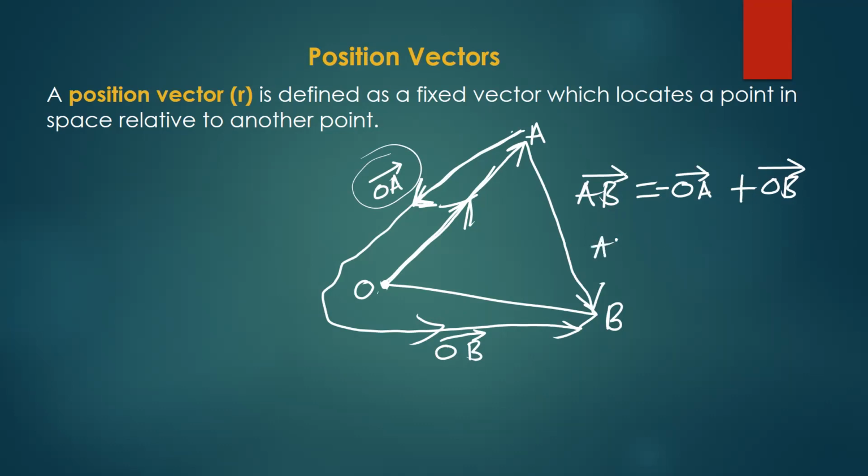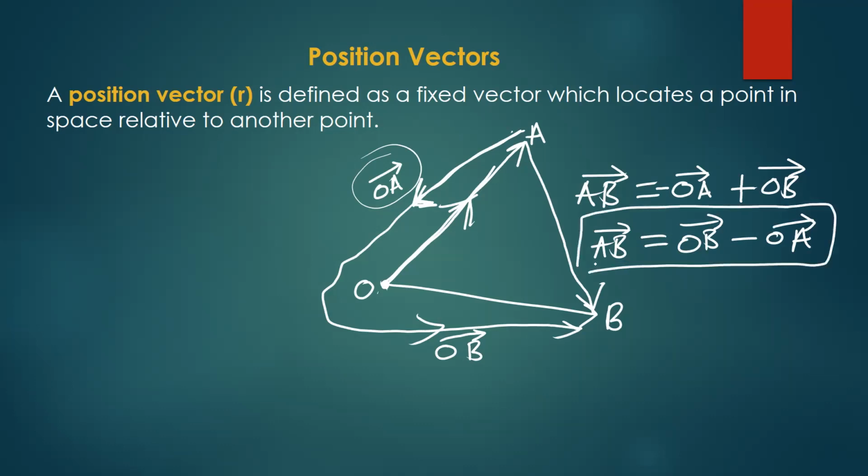So AB can therefore be written as OB minus OA. This is the basic principle, the basis of the position vectors.